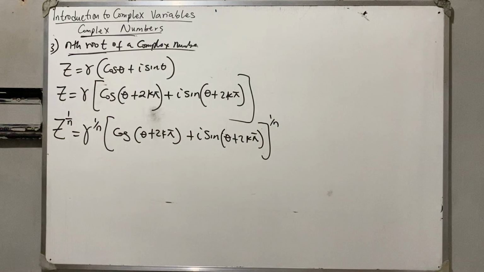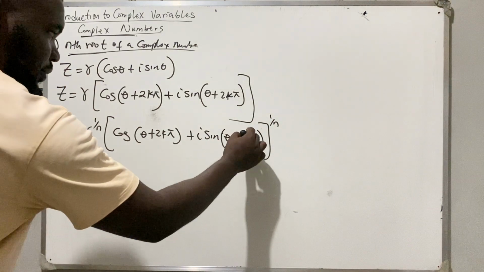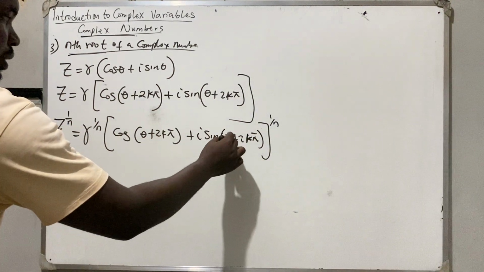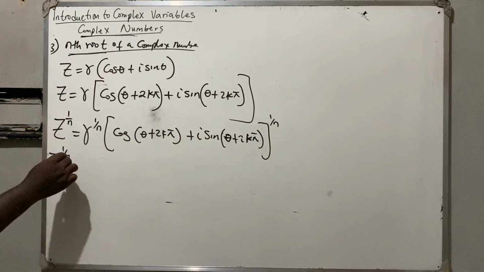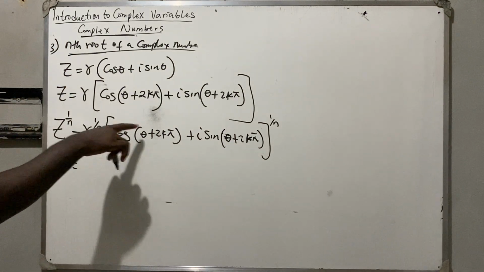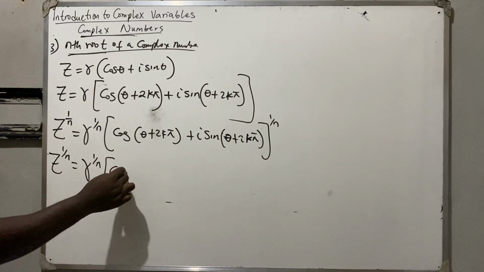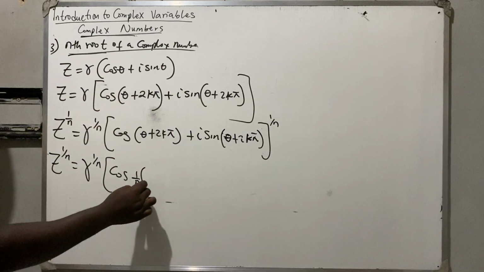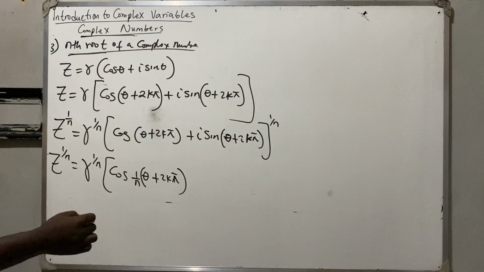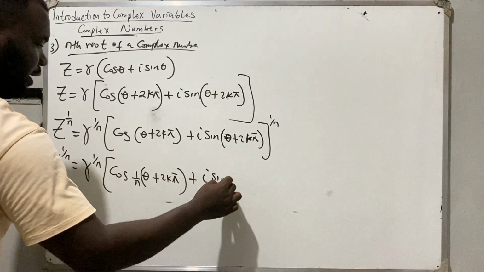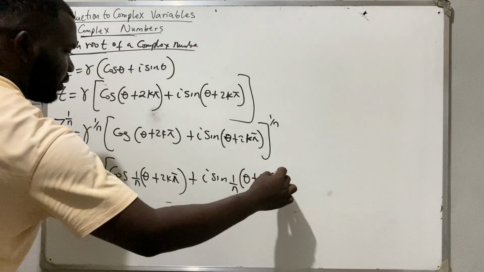But de Moivre said that the 1 over n can just come and multiply the thetas, because everything here is now our new theta. I changed it to k because I don't want the n to conflict. So we have r to the power 1 over n times cos of 1 over n into theta plus 2k pi, plus i sine of 1 over n into theta plus 2k pi.